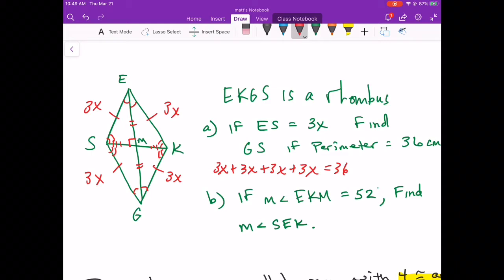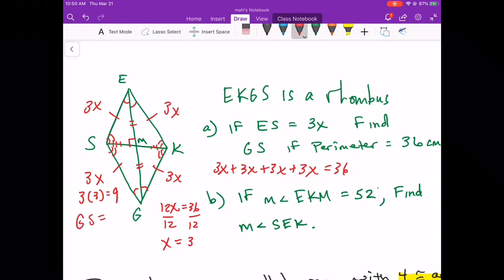That would mean that 3 plus 3 plus 3 plus 3, or 12x, was equal to 36. Divide everything by 12, and I now know what x is. X is equal to 3. So everywhere I see an x, I could put a 3. So GS is 3 times 3, which is 9. So the length of GS was 9. So that's how we did part A.